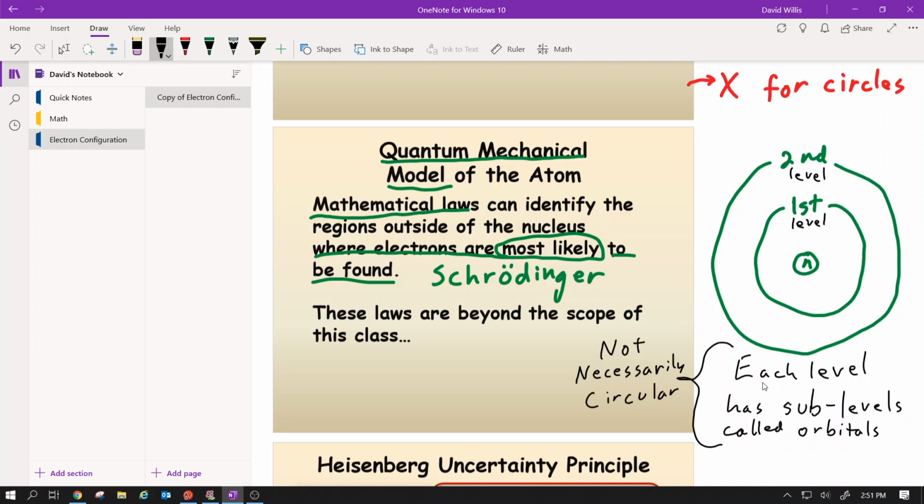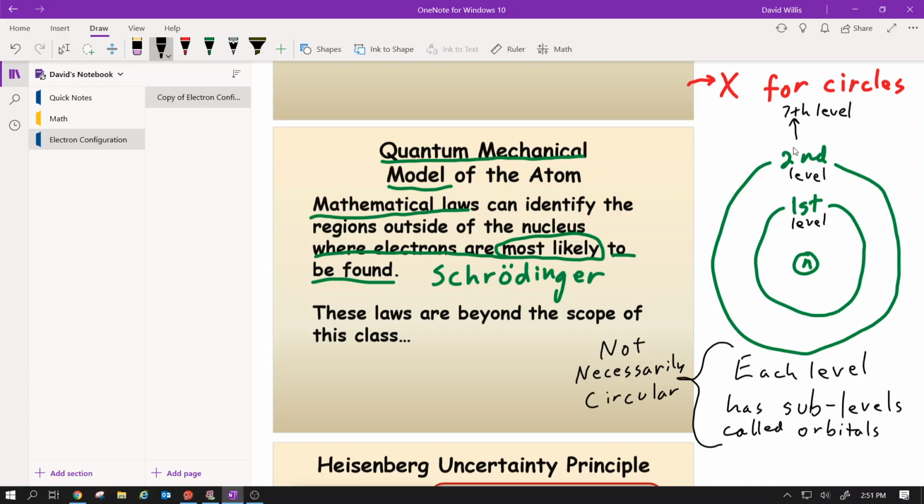All right. So each level has sublevels called orbitals, and those are not necessarily circular, but you do have a first level, a second level, all the way up to the 7th level. Okay?